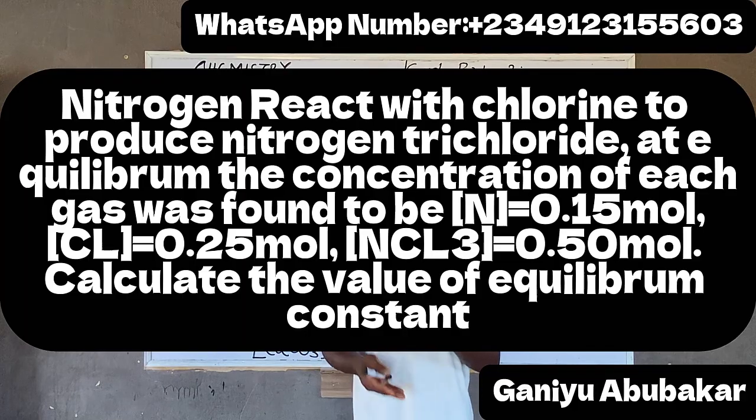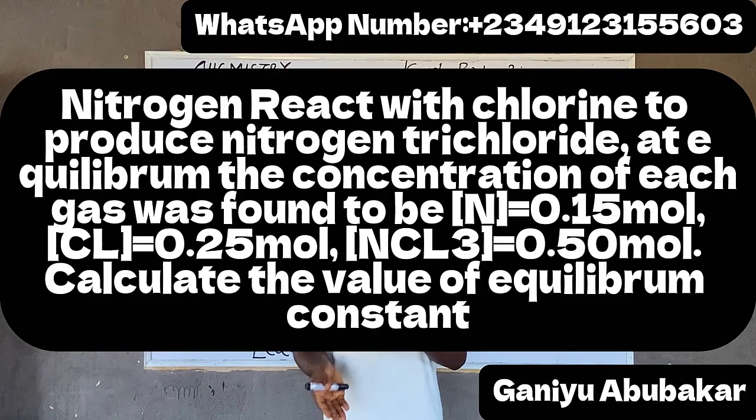At equilibrium, the concentration of each gas was found to be N2 equal to 0.15 mole, Cl2 equal to 0.25 mole, and NCl3 equal to 0.50 mole, not 0.5, 0.50 mole.